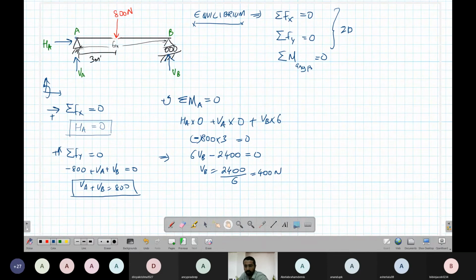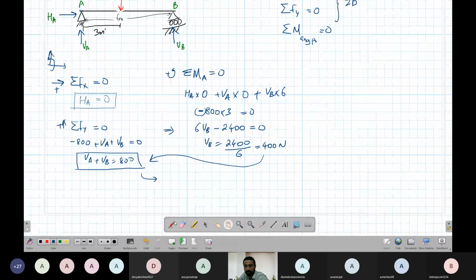So this is right. Now I will substitute this 400 in this, and what will I get? VA plus 400 equal to 800.